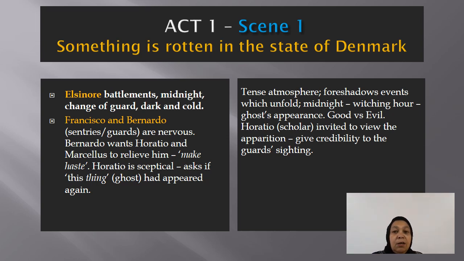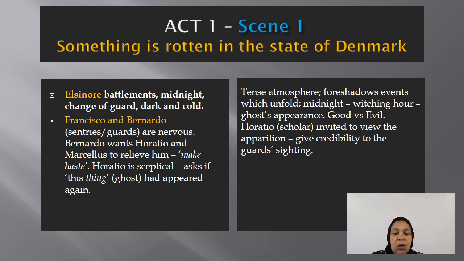Right at the beginning of the play, the audience becomes aware that something is not quite right. The word "something" suggests that one is not very clear as to what the cause of the actual instability in the country is. The word "rotten" suggests that there is corruption of some sort.